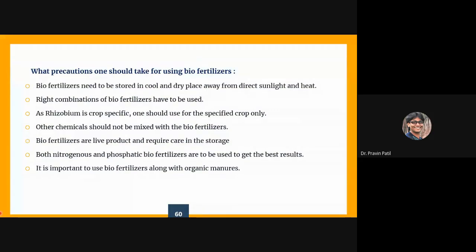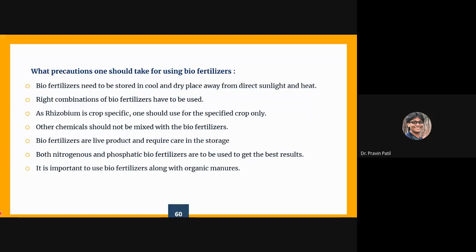What precautions should one take for using biofertilizers? First, they should be stored in a cool, dry place. They should be highly isolated from contamination chances. The right combination of biofertilizers should be used. Other chemicals should not be mixed in.